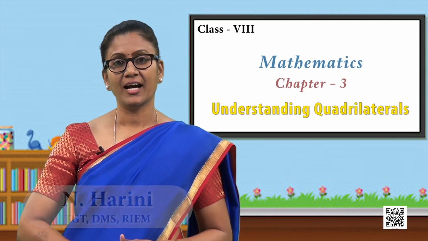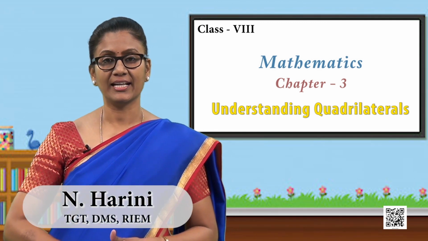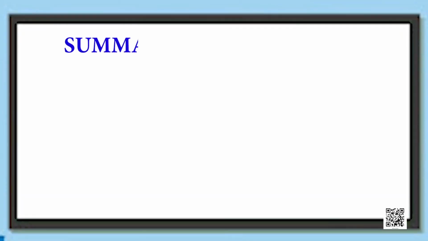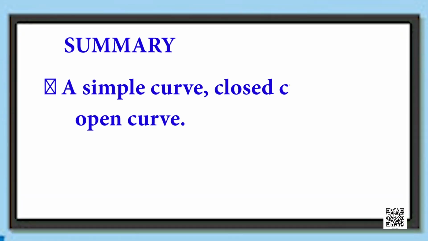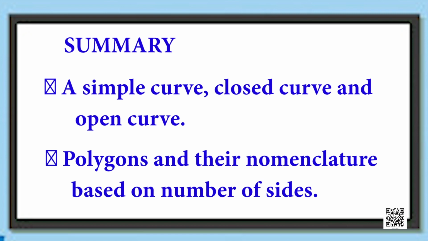So children, I hope you enjoyed the class today. So before we close, let us try to recall the concepts that we have learned today. We have learnt about the simple curves, the closed curves and the open curves. We also have learnt about polygons and the nomenclature of the polygons based on their sides.